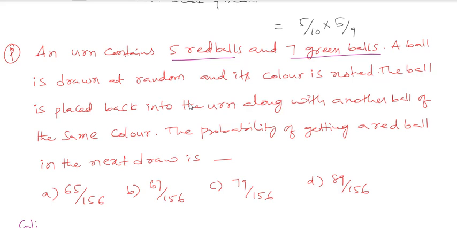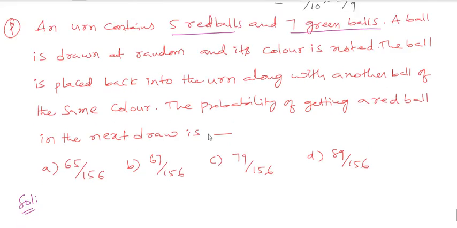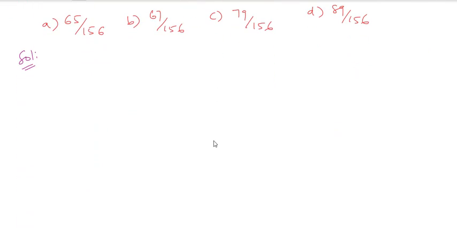So here also you have to consider it as 2 draws only, but the case is different. Earlier case is different and this case is different. This urn contains 5 red balls and 7 green balls in the first draw.